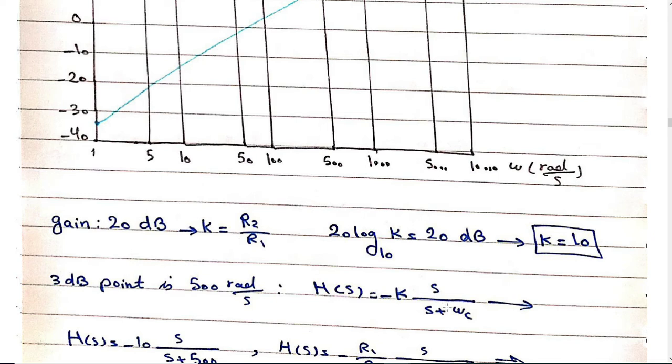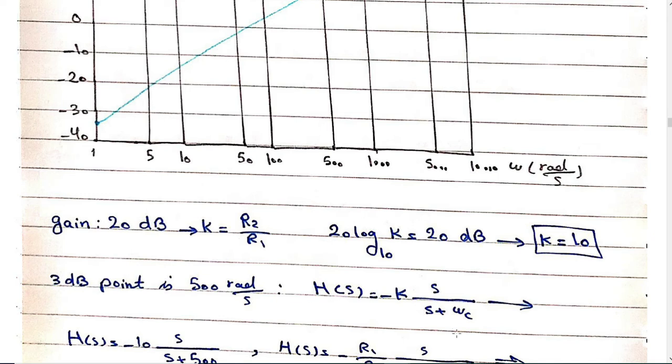So you have 20 dB for K, which is R2 over R1. Now we want to convert it to a value. 20 times log of what is equal to 20 dB? So K is 10. What is the cutoff frequency? 500 radians per second.